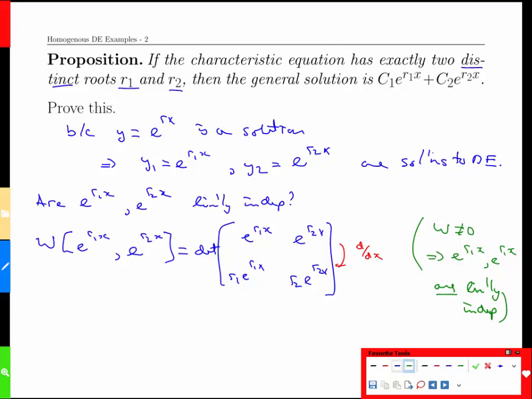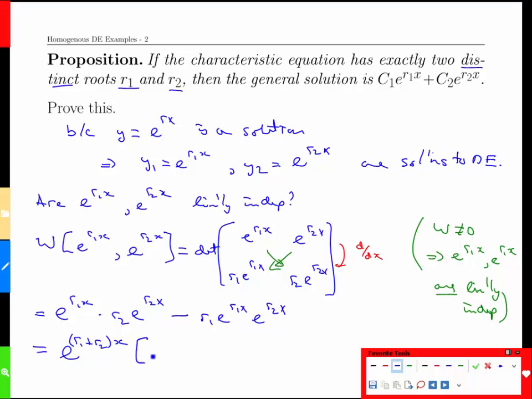All right. Well, again, we take our product there and there. Our Wronskian then is going to be e to the r1x times r2 e to the r2x minus r1 e to the r1x e to the r2x. And all the terms have an e to the r1x and e to the r2x, and we can combine those into a combined exponent.